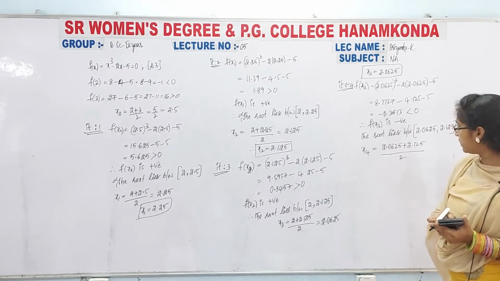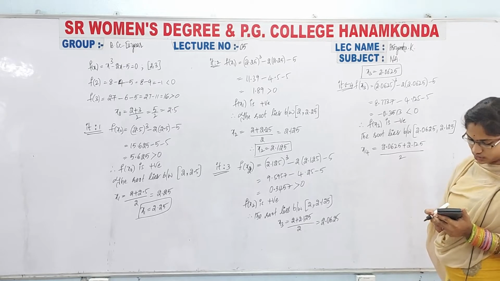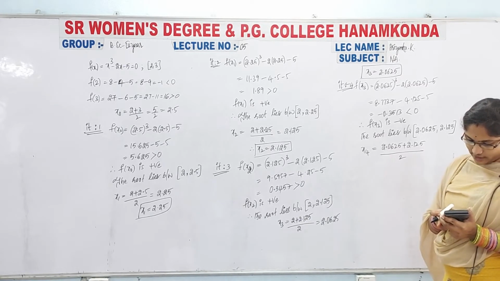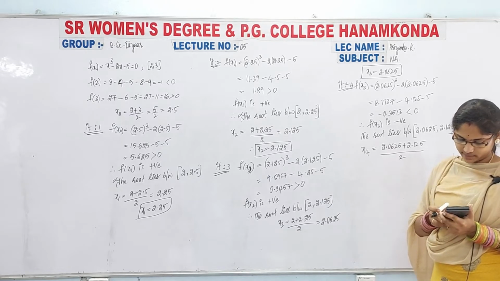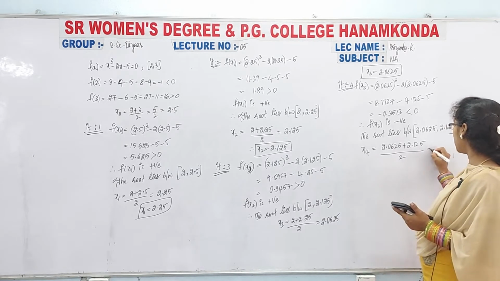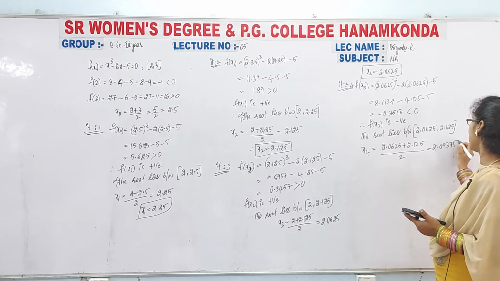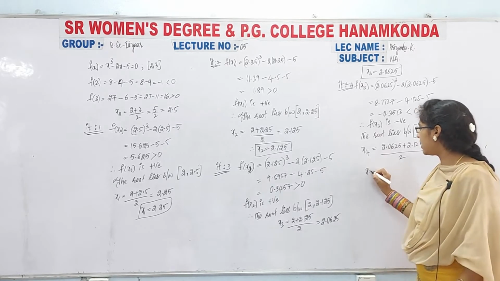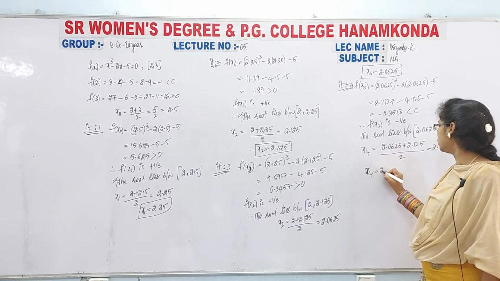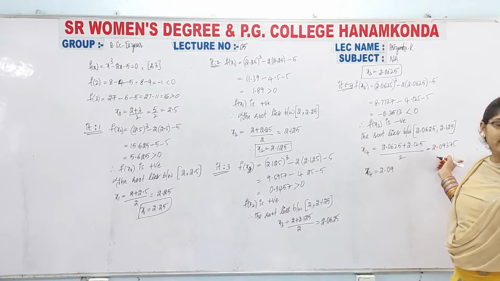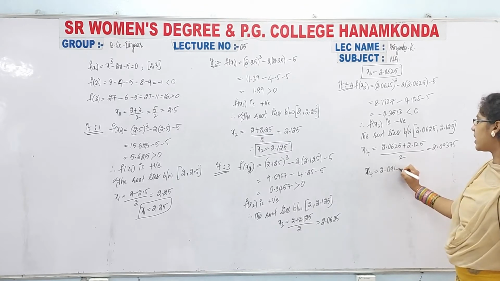Now I am taking the addition of these two, 2.0625 plus 2.125 divided by 2. Now it is equal to 2.09375. So here finally we have that x4 is equal to 2.09375. So I am taking that it is nothing but 2.094.